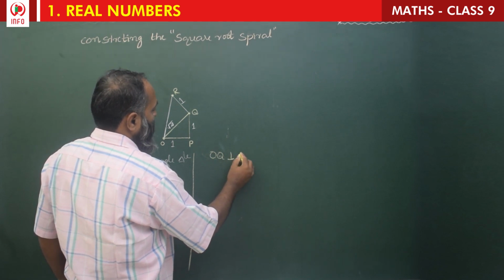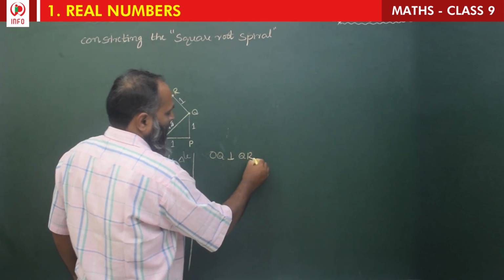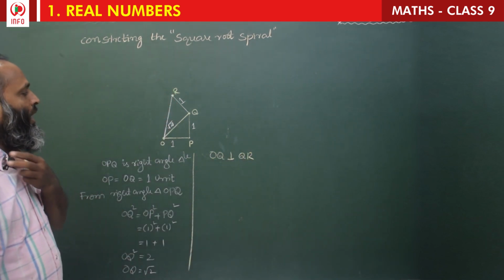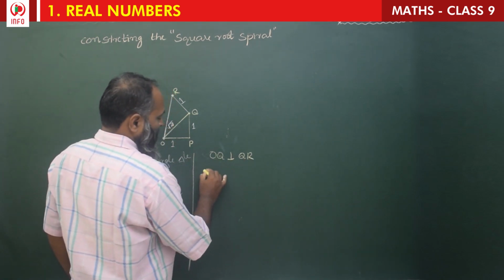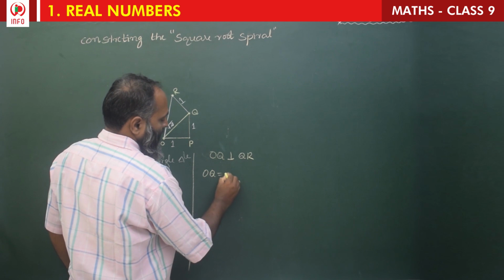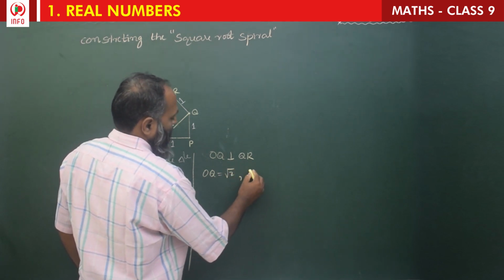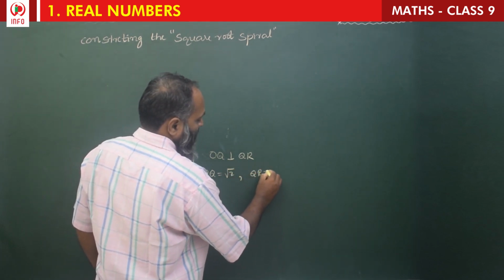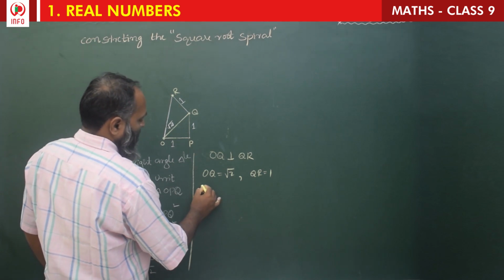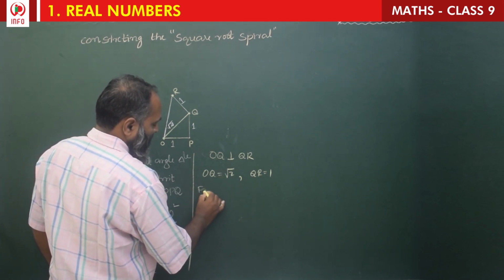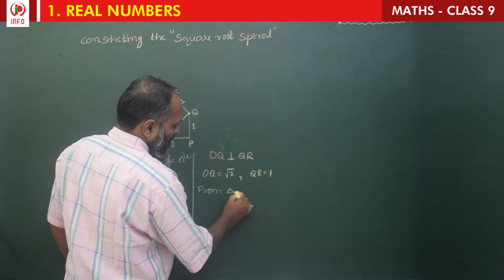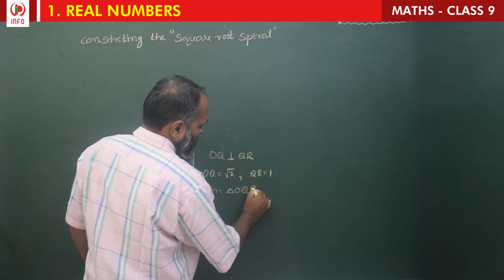That implies OQ is equal to root 2 units and QR is equal to 1 unit. So triangle OQR is a right angle triangle.